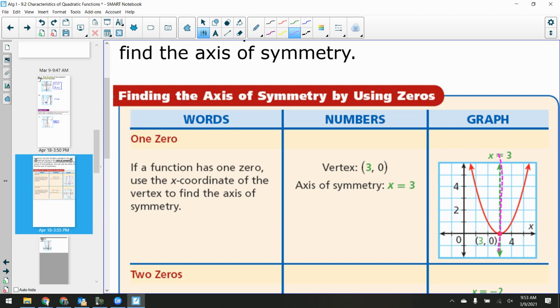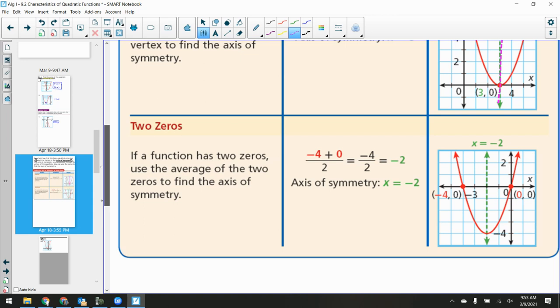So you're just taking the x value of the vertex, and that's where the axis of symmetry is. If it's got 2 zeros, then since I know the axis of symmetry cuts it in half, you're just going to find the halfway point between the 2 zeros. So like in this one, it crosses at -4 and 0. What's halfway between -4 and 0? -2. So x equals -2 would be my axis of symmetry.